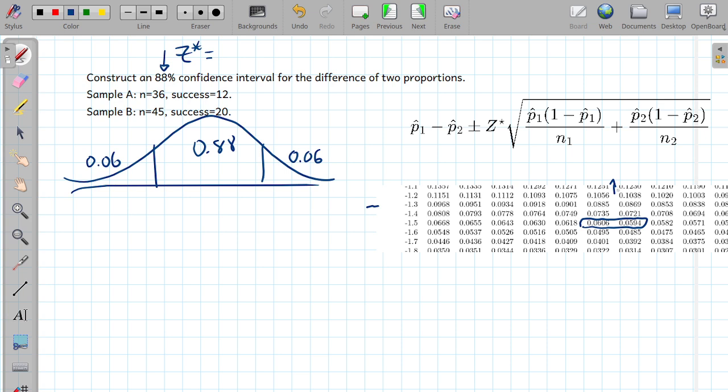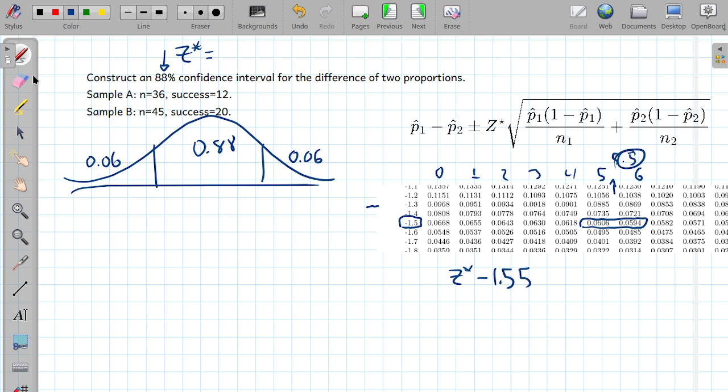I've truncated the table just for space. So this is our second digit. This is 0, this is 1, this is 2, 3, 4, 5, and 6. Between those two columns then must be 5.5. So we come back over here. We're using z star equal to negative 1.55, and we want that.